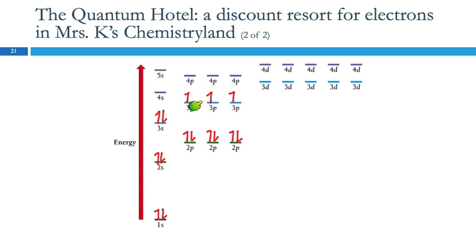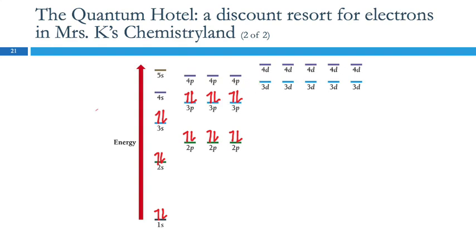So these are going to fill singly, and then they're going to pair up. And then, okay, that's the third floor, but the 4s room is cheaper than the 3d sublevel on the third floor.